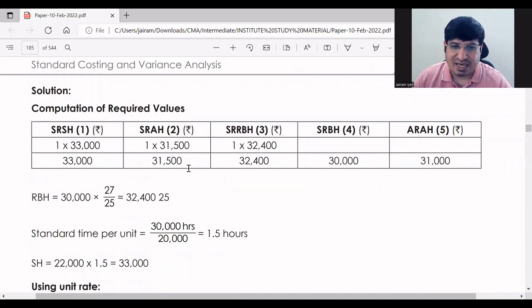ठीक है. अब रह गया, everything we have got, only revised budgeted hours जो है, ये SR into revised budgeted hours. ठीक है. This is what you have to calculate. तो ये तो बहुत simple है.